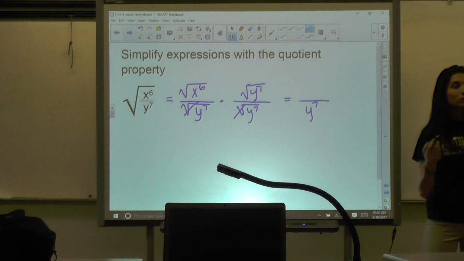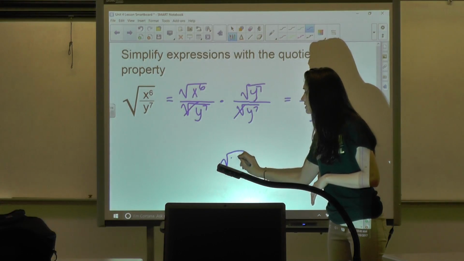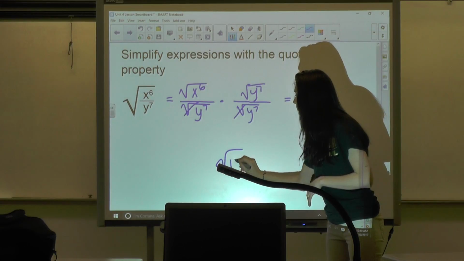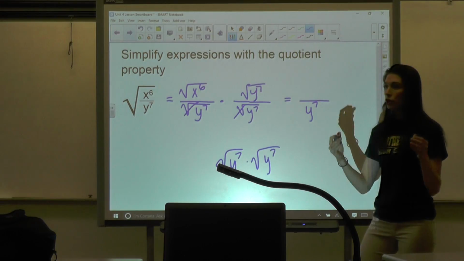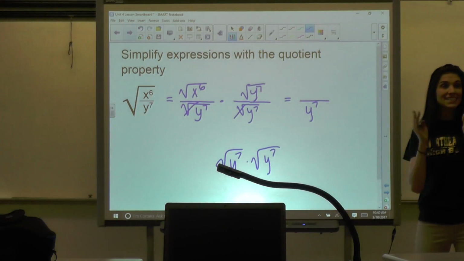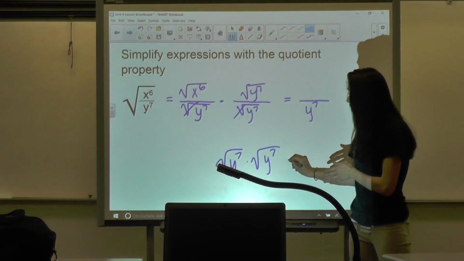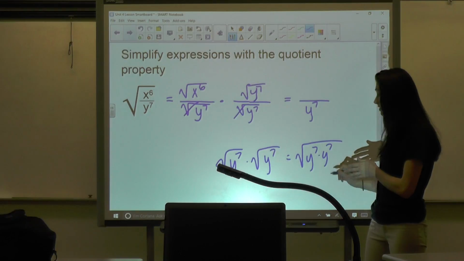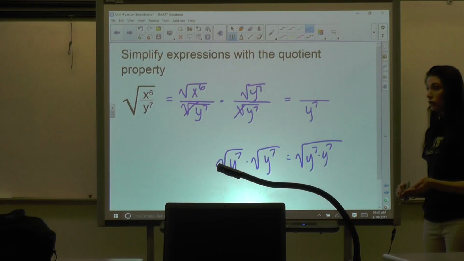But the actual math behind it is that when you have square root y to the power of 7 times another square root y to the power of 7, when you are involving radicals and multiplication, I always teach it this way. It's inside times inside, outside times outside. So this is actually radical y to the power of 7 times y to the power of 7, which gives you what? Y to the power 14.